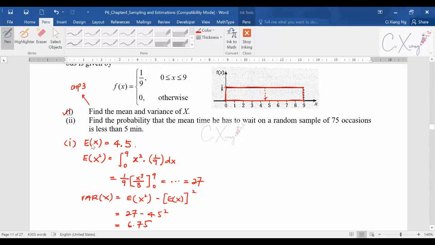Please take note that E(x) means the expected value of x, so indirectly it also means the population mean. And the variance here is actually the population variance.